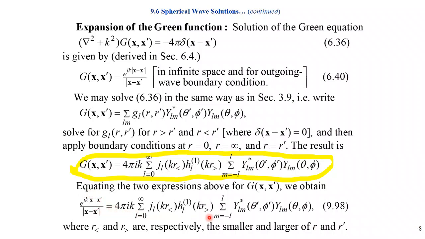This form looks very simple, and it will help us a lot because we have Y_lm. Y_lm are spherical harmonics, like angular momentum and magnetic quantum numbers.